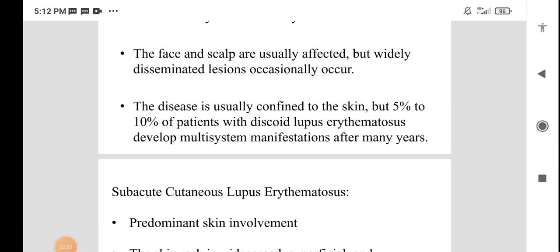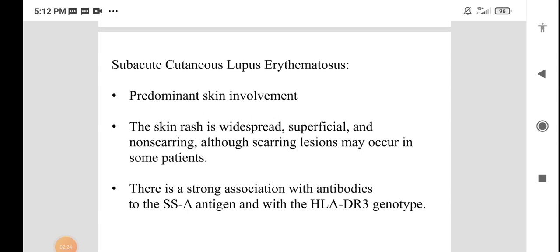The disease is usually confined to the skin, but 5% to 10% of patients with discoid lupus erythematosus develop multi-system manifestations after many years.